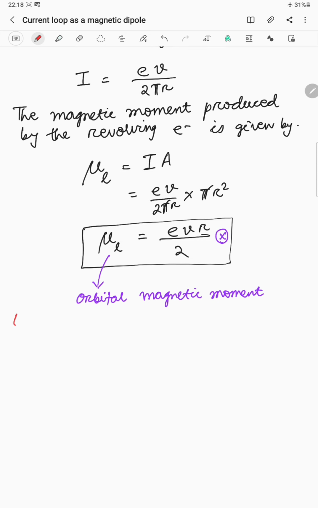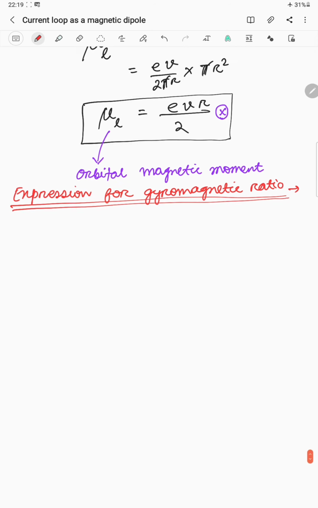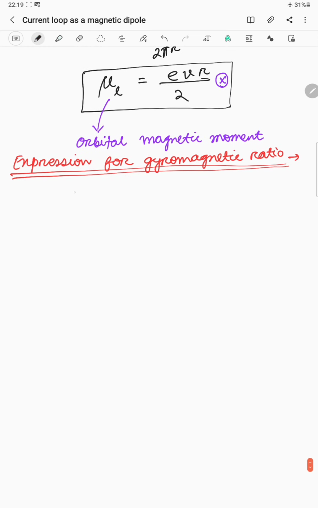Next we will go for the expression for the gyromagnetic ratio. What we have found out till now is that mu L is equal to EVr divided by 2.